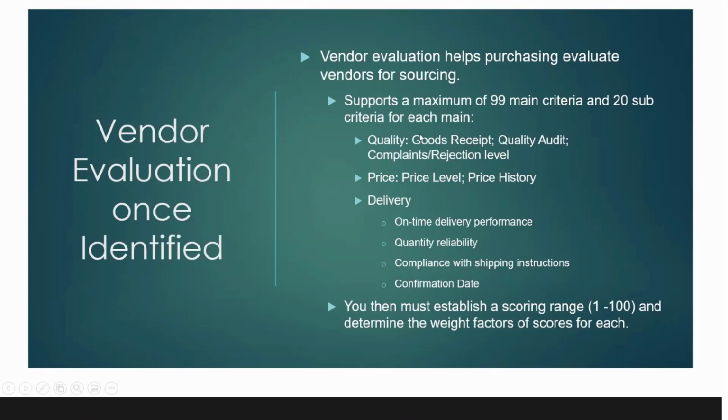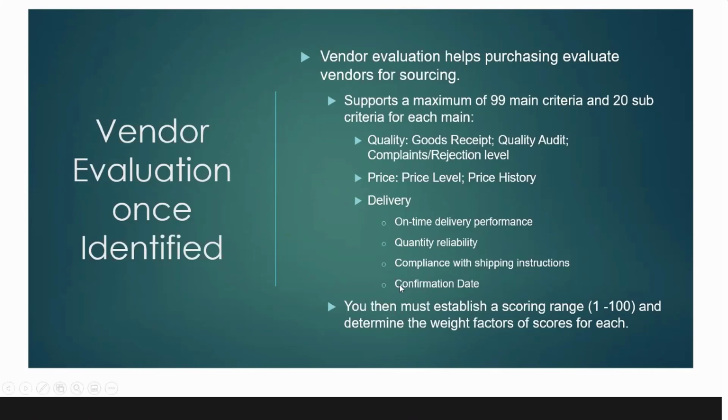You can have criteria for the quality, okay? The goods receipt, the quality audit and so on. You can have criteria for the pricing. You can have criteria for the delivery, if it is delivered on time, if the quantity is reliable.